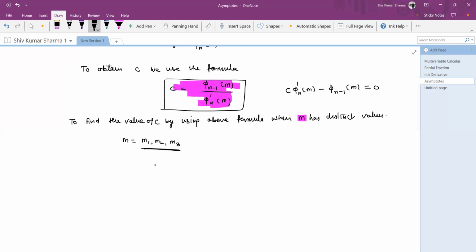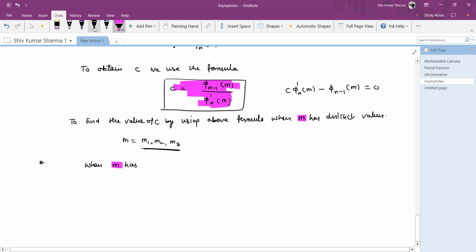Now we move to the second case for finding the value of c. We discuss the case related to m.